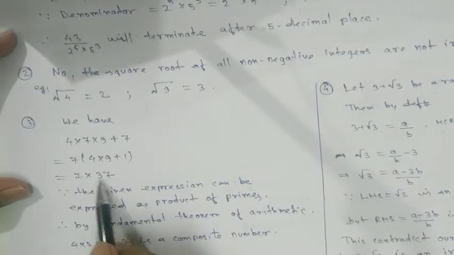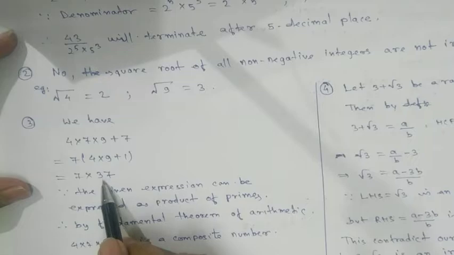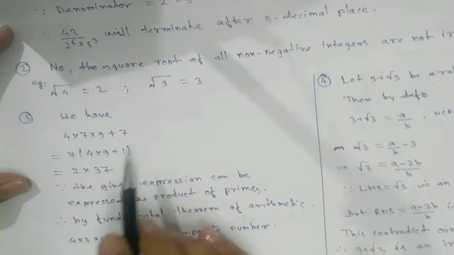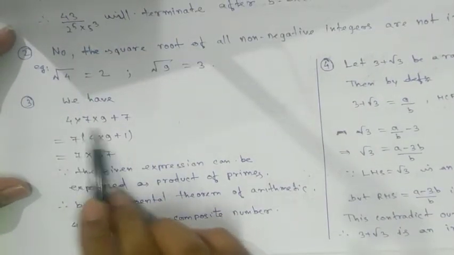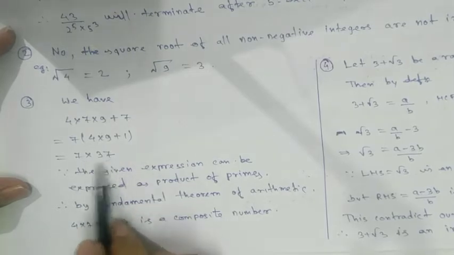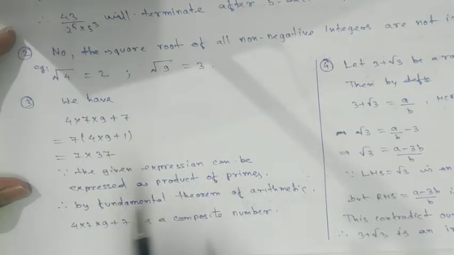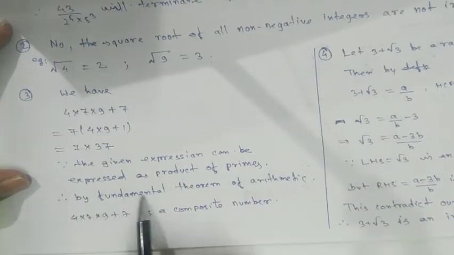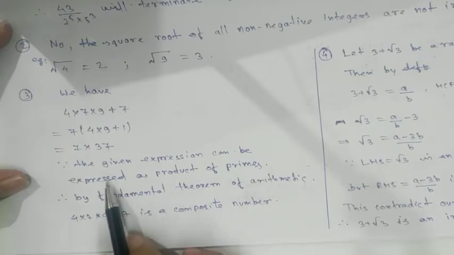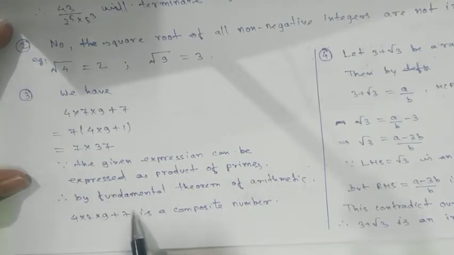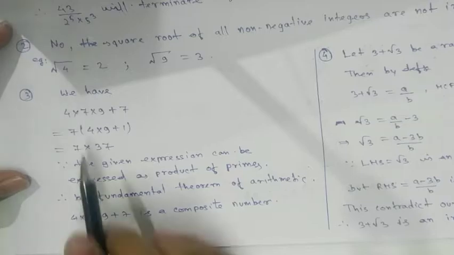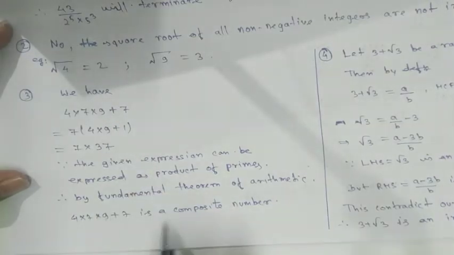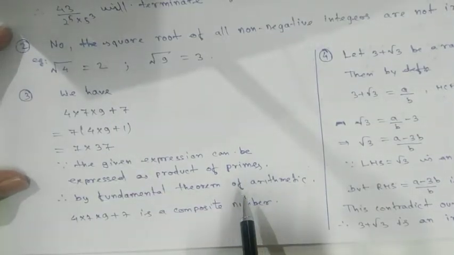That means 7 into 37, where 7 is a prime and 37 is also a prime. That means this expression can be expressed as a product of primes, and we know by the fundamental theorem of arithmetic that every composite number can be expressed as a product of primes. So this expression is a composite number.